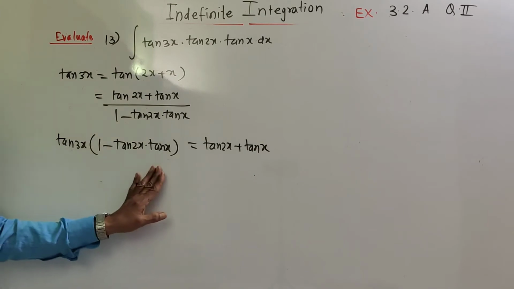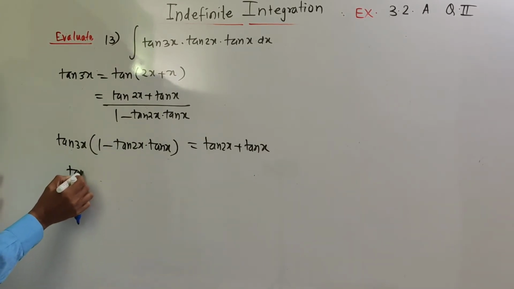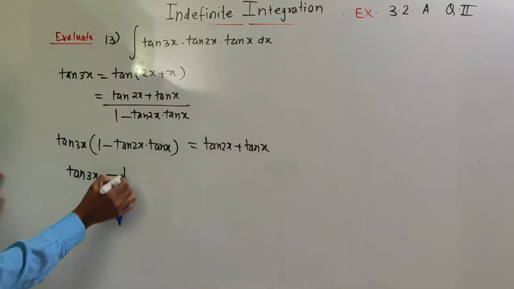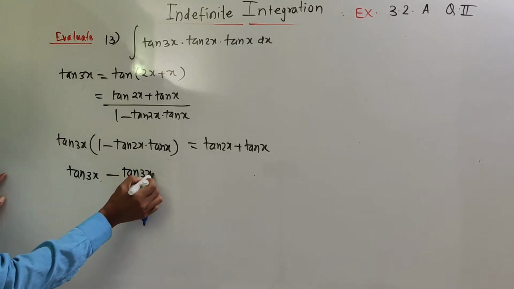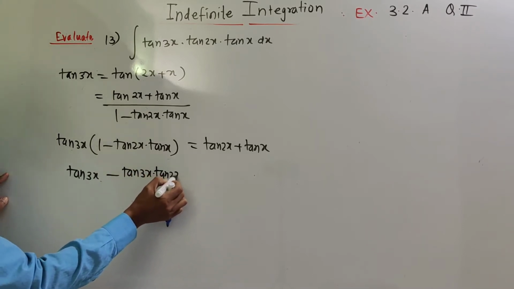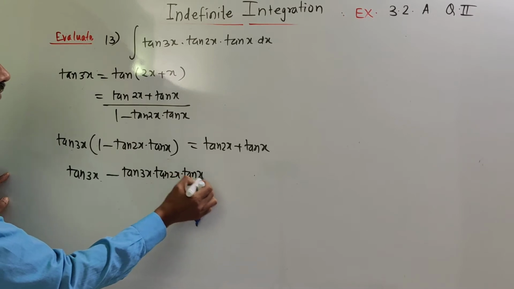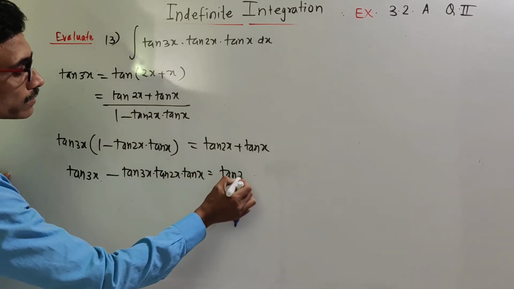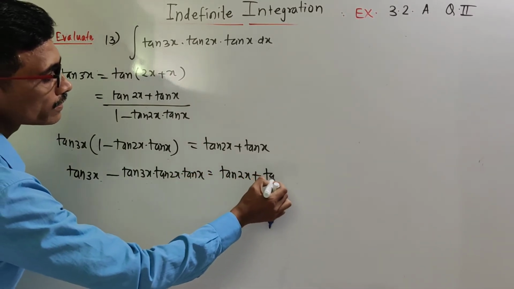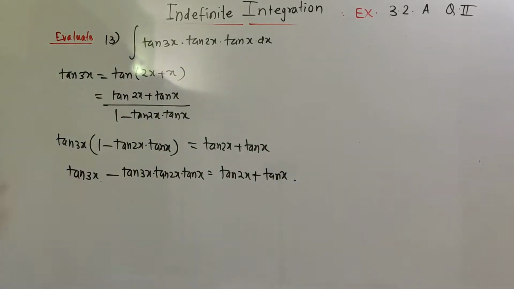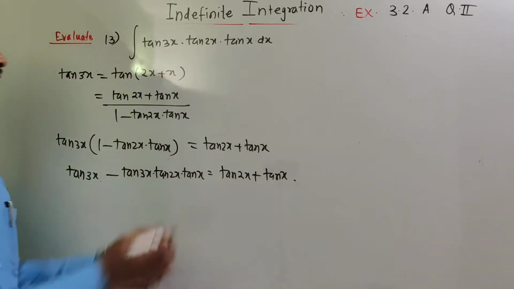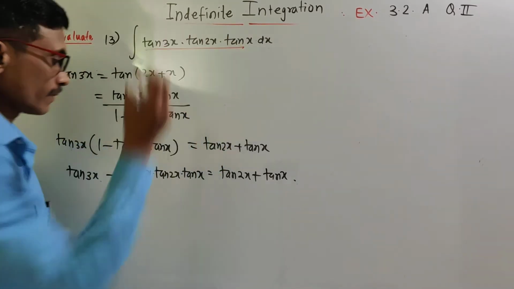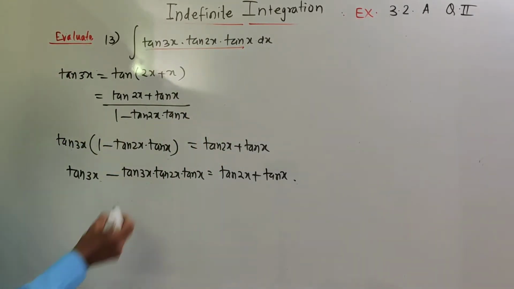Then multiply it. So multiplying we will get tan 3x minus tan 3x into tan 2x into tan x is equal to tan 2x plus tan x. Now what is to be done? ये जो टर्म रिक्वायर्ड है आपको इंटीग्रल में, that is this.